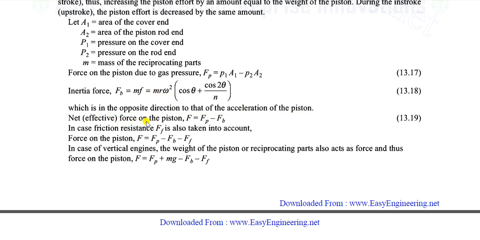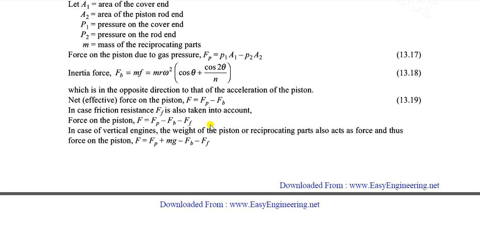So the net effective force on the piston will be Fp. Fp is acting towards the right-hand side and Fb is opposing that. This is for a horizontal engine.